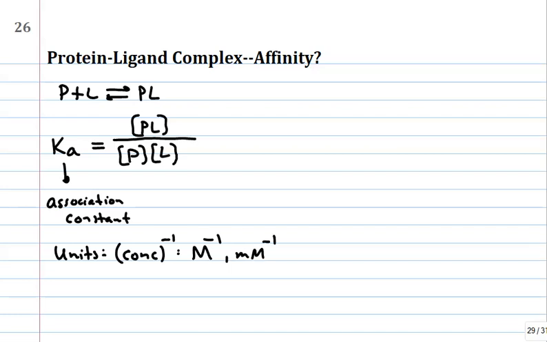Now let's talk about affinity. So look at this equilibrium constant here, that's called Ka, the association constant. If you increase the Ka, what happens to affinity?